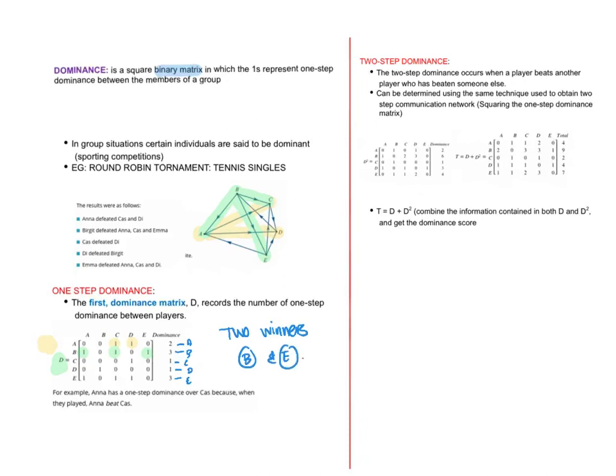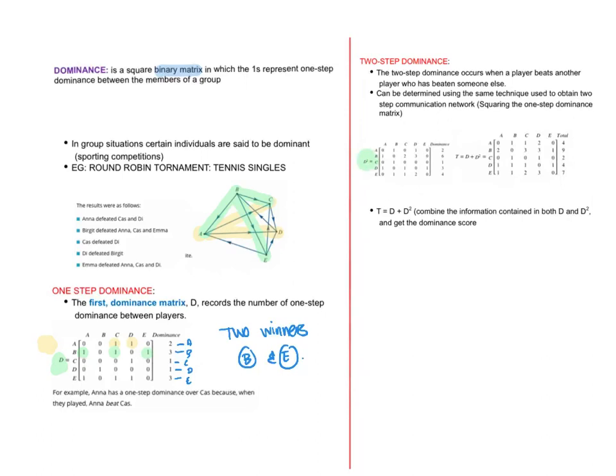So we might want to take 2-step dominance into account. A might have beaten C, but because C beat D, that makes A more dominant and things like that. So we get the 2-step dominance just like communication. We square the D, and we get it.